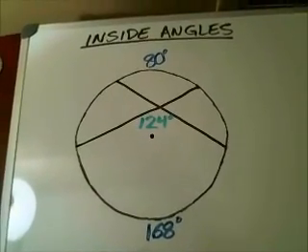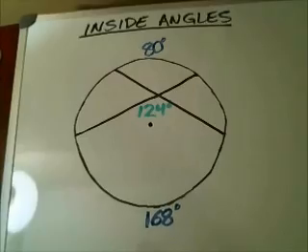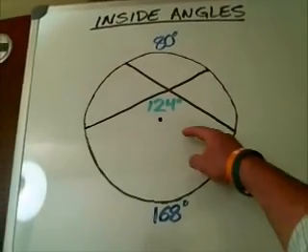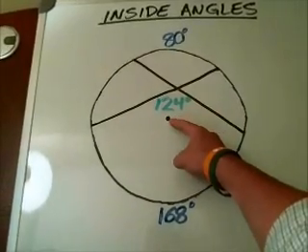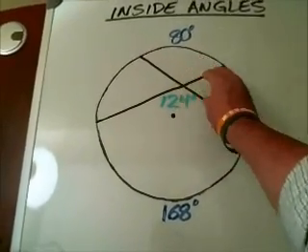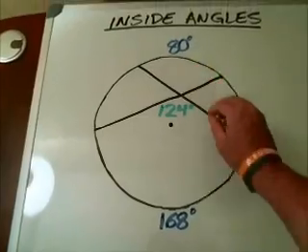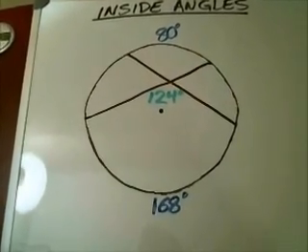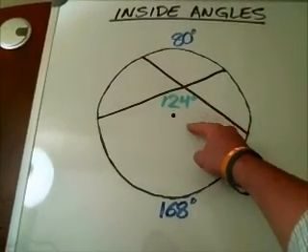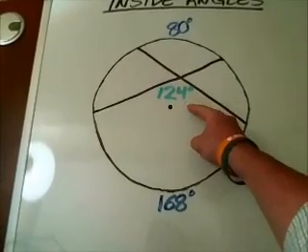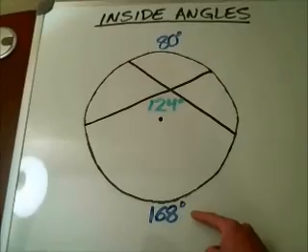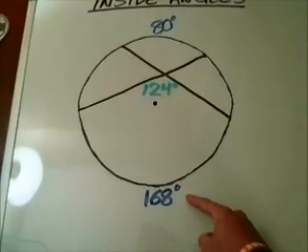So let's start with an example of an inside angle. An inside angle is an angle that's going to end up somewhere inside the circle. It's just not at the center. So it's floating around anywhere else inside of the circle itself. Here, I have an inside angle equal to 124 degrees, and this intercepted arc equals 168 degrees.